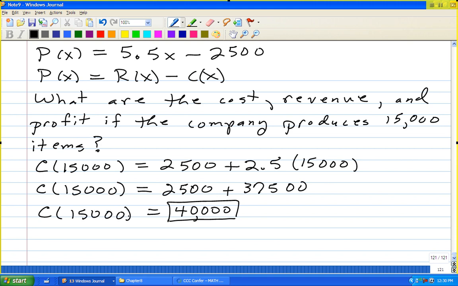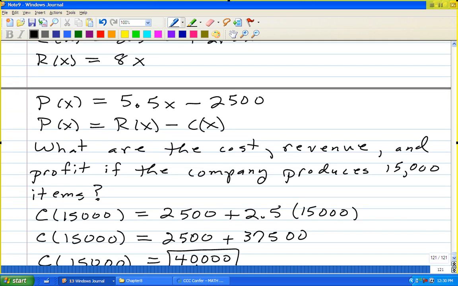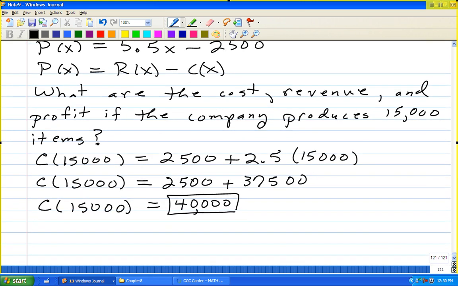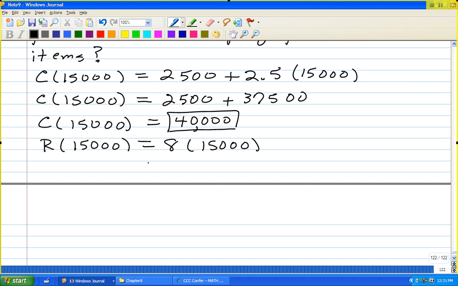Let's find the revenue. So the revenue is just 8x. Revenue on 15,000 is 8 times 15,000. Well, 8 times 15,000 is 120,000.